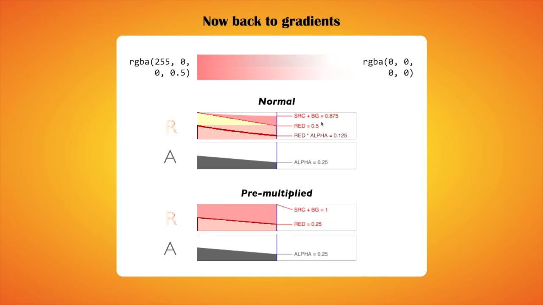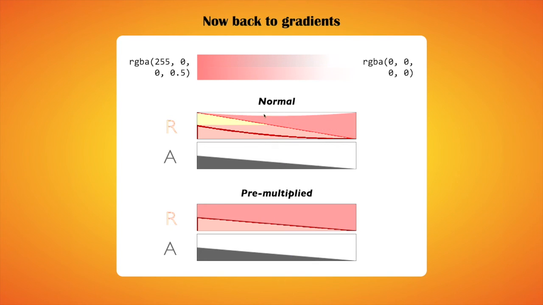If I quickly switch there, you can actually see it's calculating, and it's got 3 different values. What it actually calculates is that dip, and that's why it gets darker across the colour. Whereas pre-multiplied is the browser just going, all right, I'm going to calculate this first. So this is now half red.